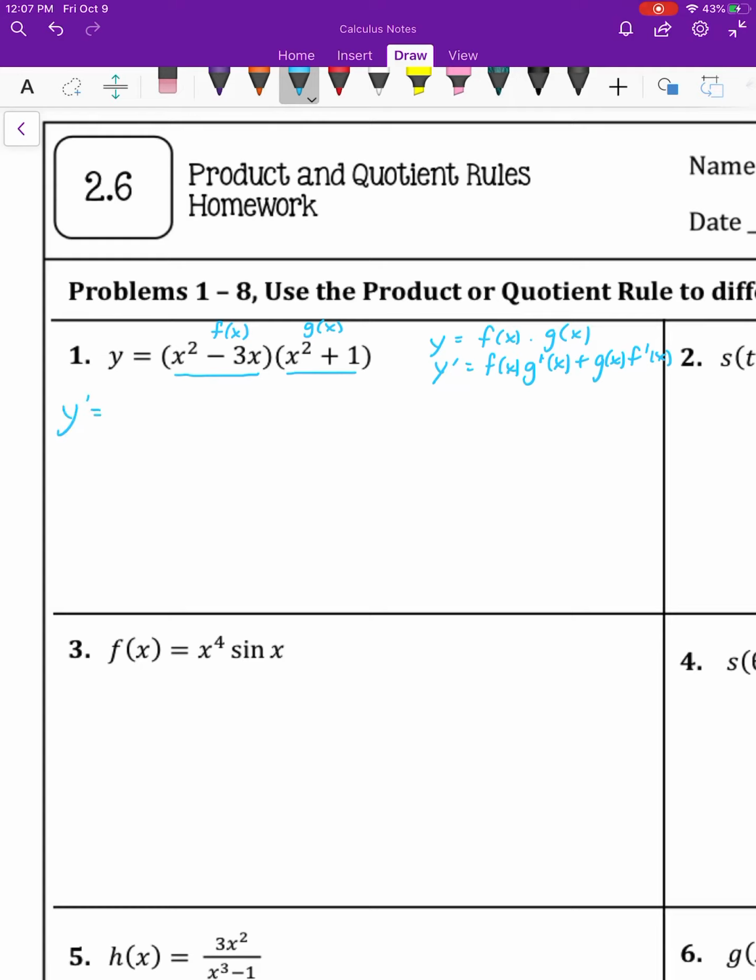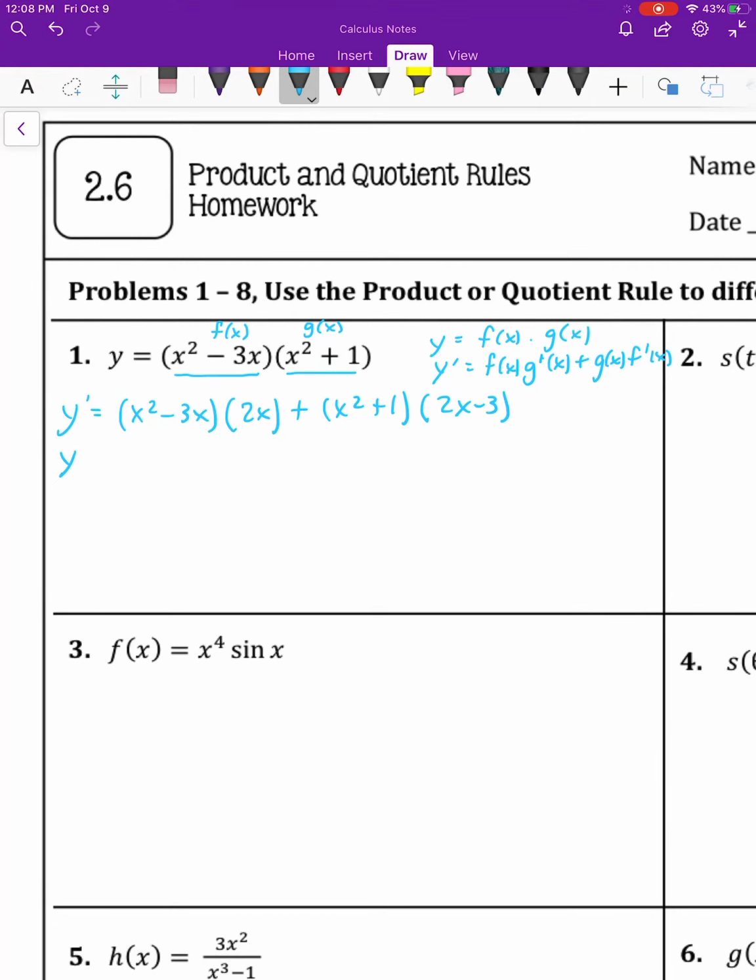So that's what I'm going to do here. I'm going to take my first function and multiply it by the derivative of the second. Plus, I'm going to take my second function and multiply it by the derivative of the first.